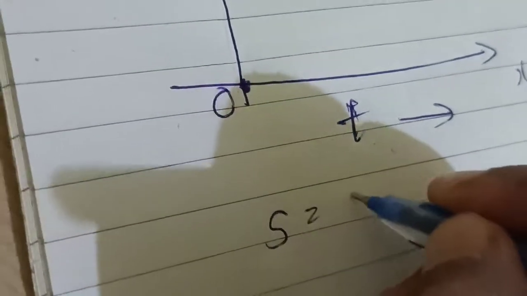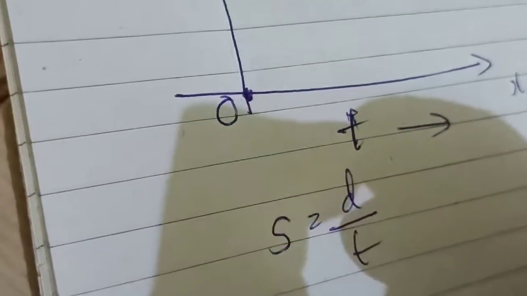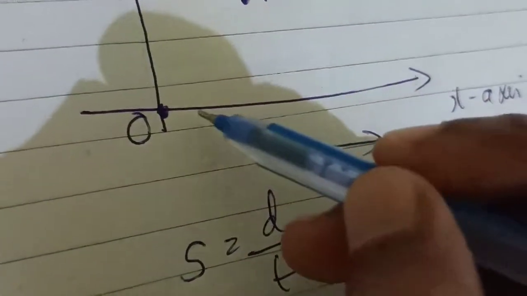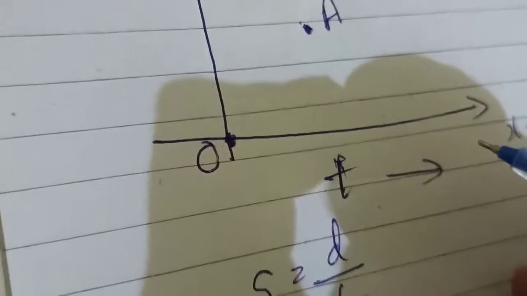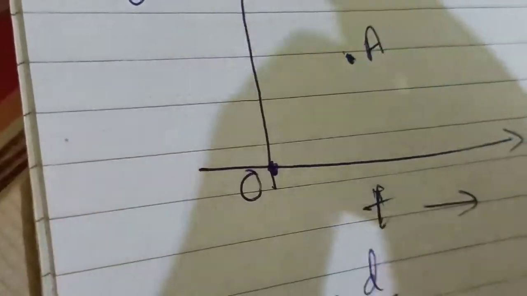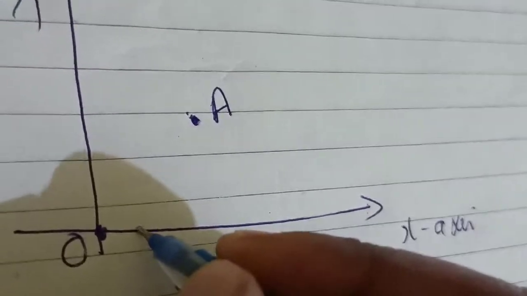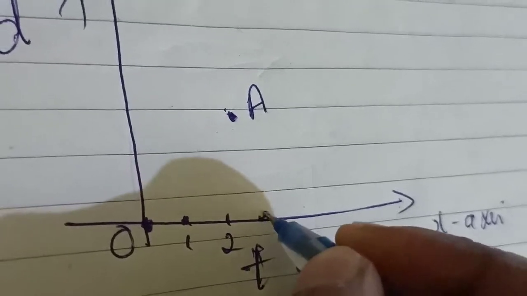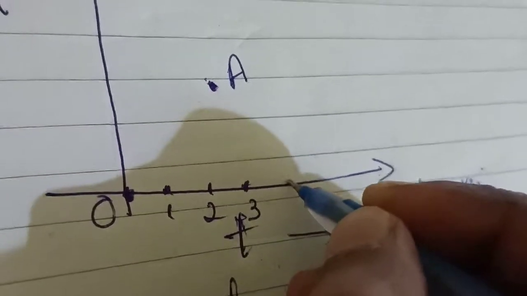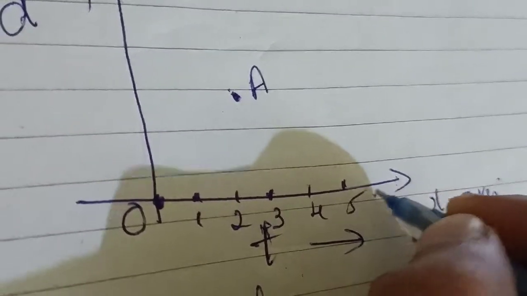The speed formula, you know, is distance upon time. If you see here, the x-axis will tell you the time, and the y-axis the distance. Let's mark the time on the x-axis. This is 1, this is 2, this is 3, this is 4 seconds, this is 5 seconds, and it goes on.